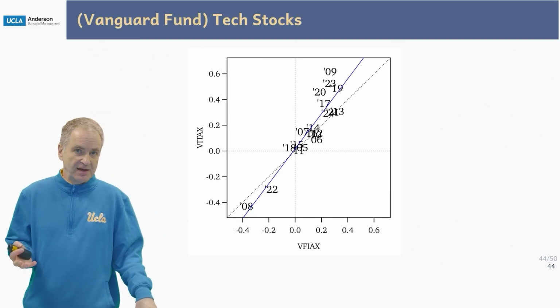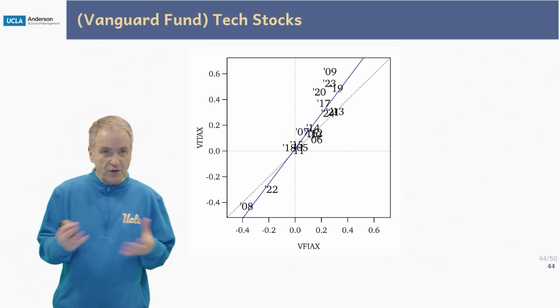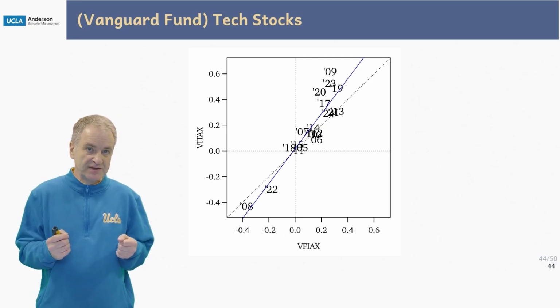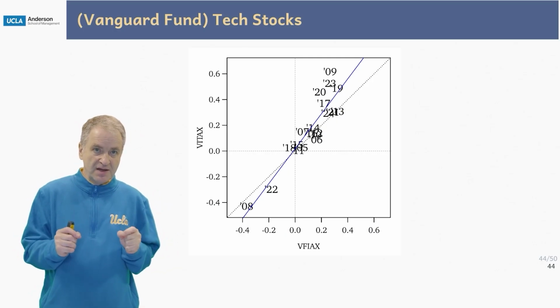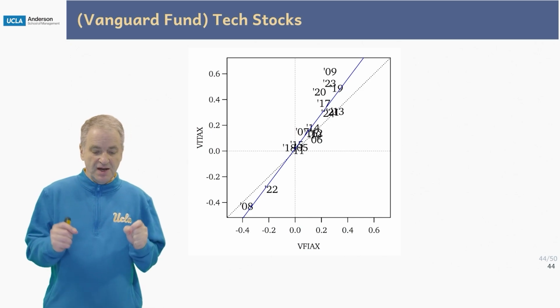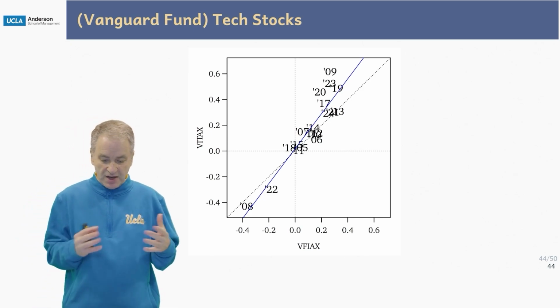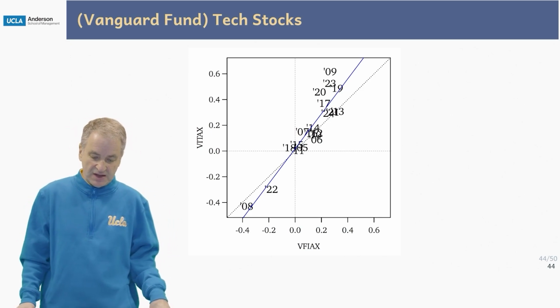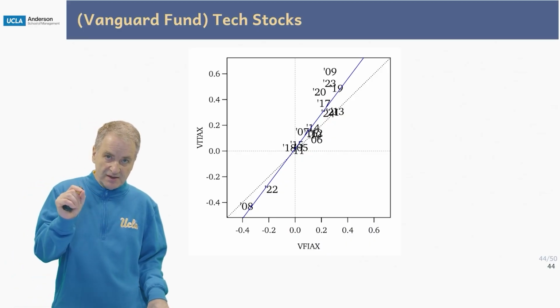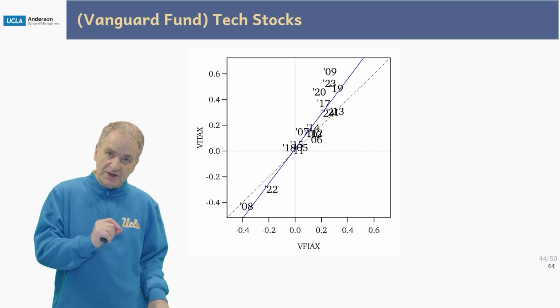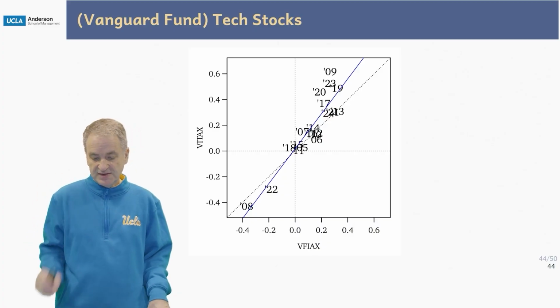Now, let's take a look at a portfolio rather than just an individual stock like Ford. So I'm going to take a Vanguard fund that does nothing but hold tech stocks, and I'm going to try and compare that to the S&P 500. If you look at this, the blue line, the best fitting line between them, has a slope that's greater than 1. It's a little bit steeper.